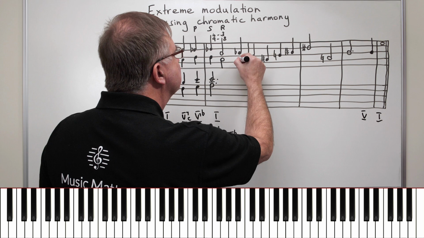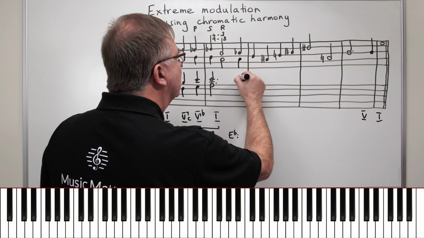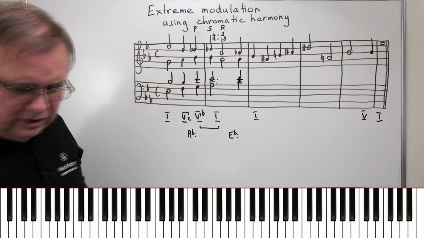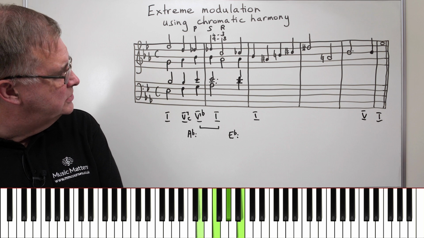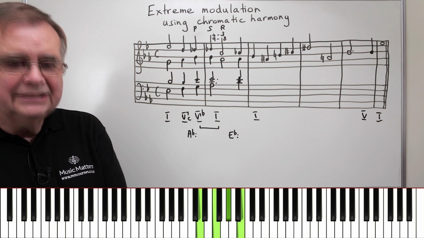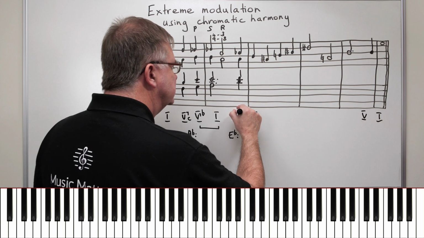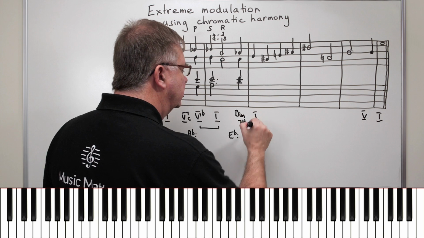I'm going to do this. Okay, now what have I written there? So I've written this chord, D, F, A flat, C flat. Now that is a diminished 7th chord. Okay, let's have a think about this.